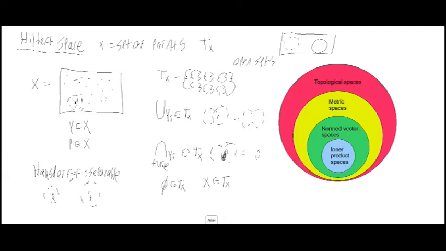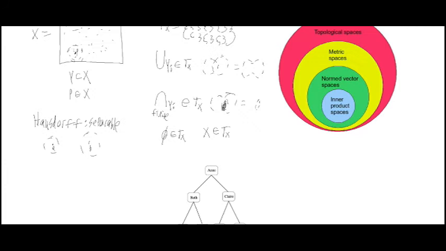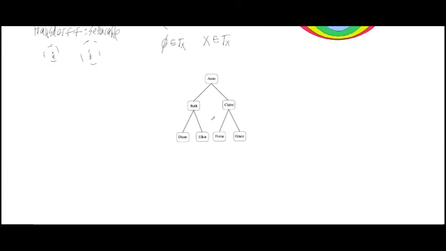But if we want to continue adding more structure, then we will add what's called a metric. So I'm going to move down here. I put this here to tell the difference between a metric versus a norm.